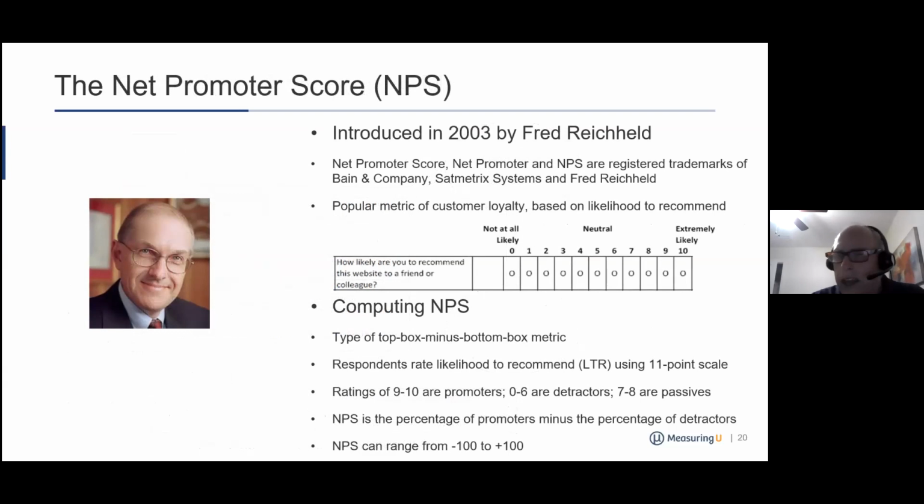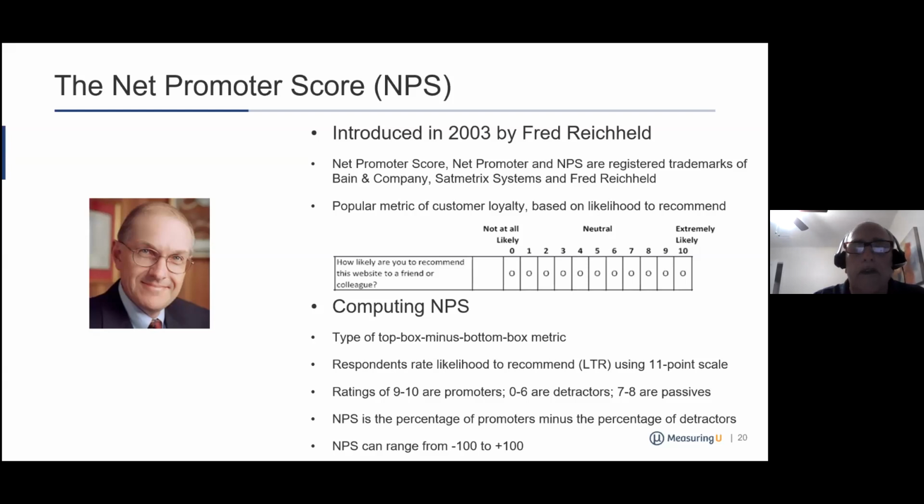Now let's just take a little step to the side and just briefly review the Net Promoter Score. This was introduced in 2003 by Fred Reichheld and is a metric that is computed from a likelihood to recommend scale. So I've got the one up here that you can see. It's usually set up as a 0 to 10 scale.